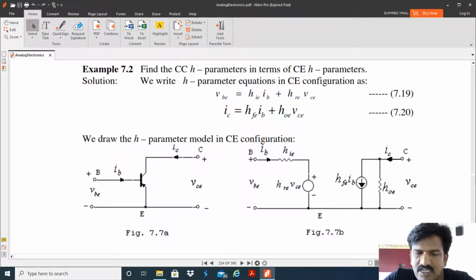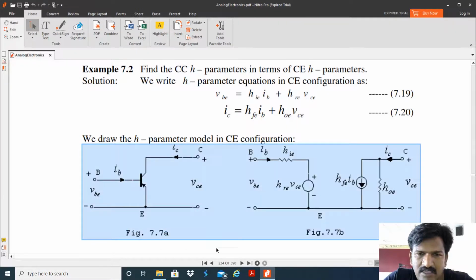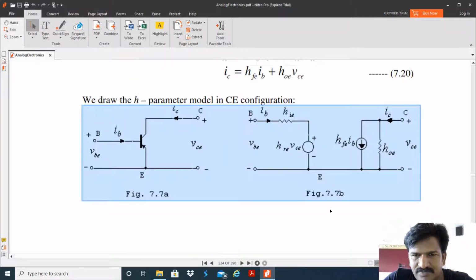HIE is the input resistance. Already we discussed what HIE, HRE, HFE are, and HOE is the output admittance. This is the collector current and VCE. This total diagram is the understanding of the BJT in the CE configuration and the h parameter model of the CE configuration.